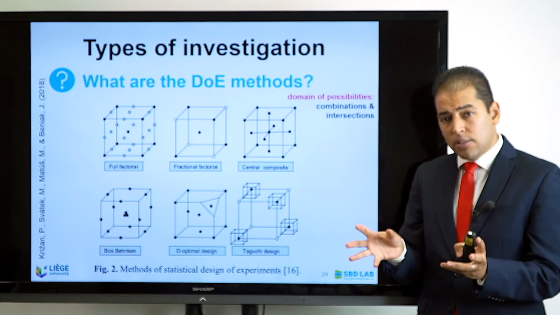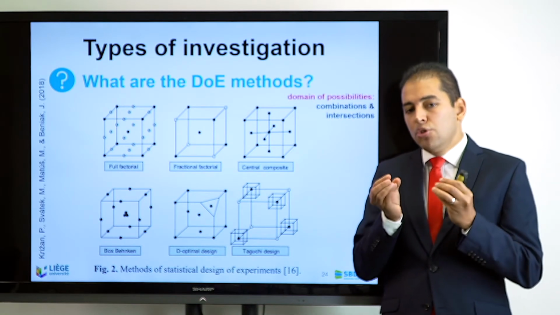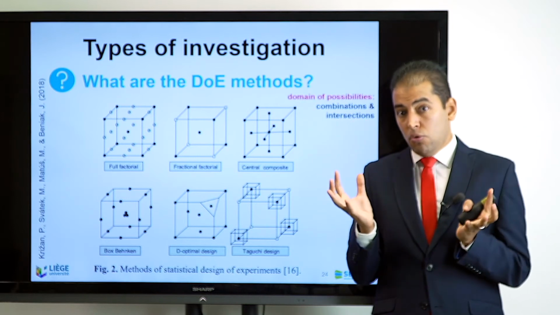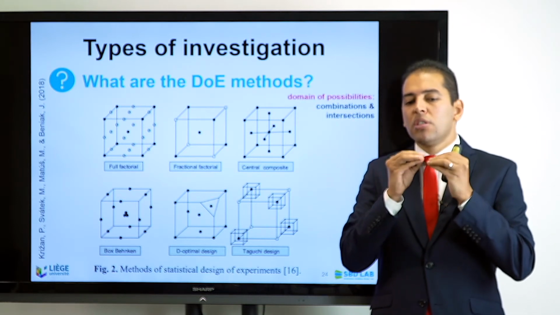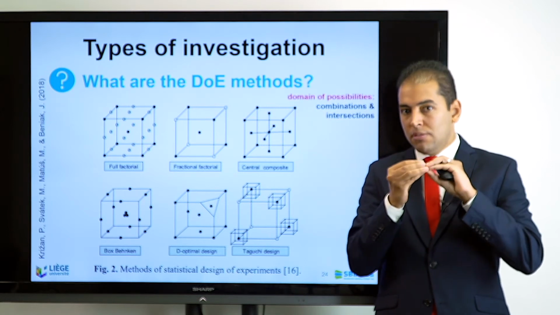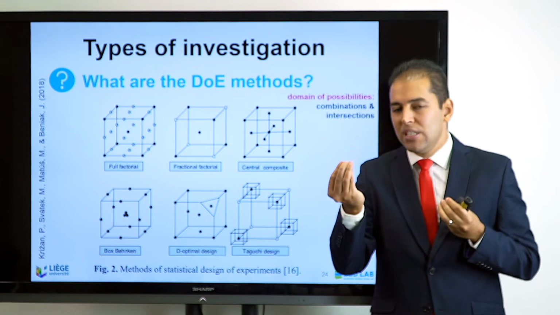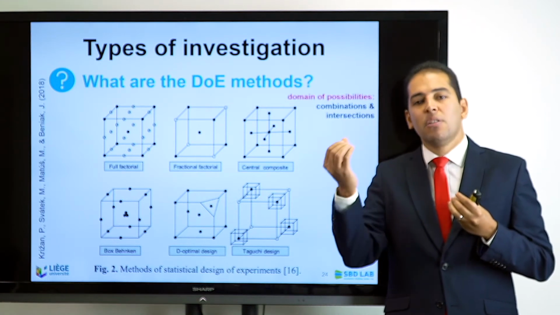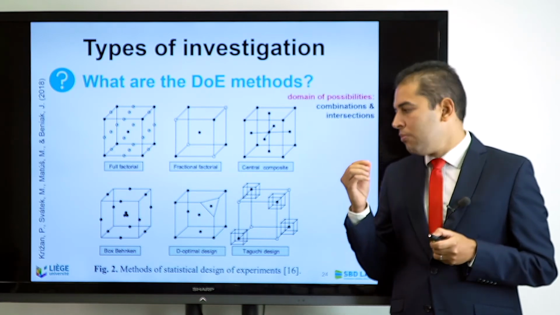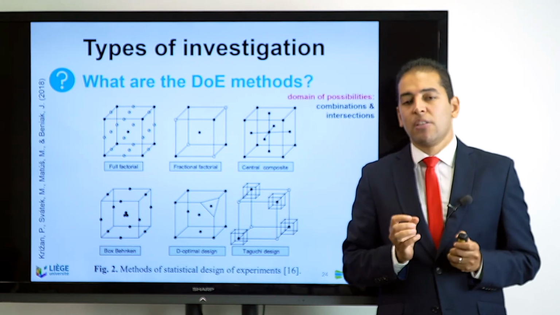Those are statistical tests that will allow you to select from this huge domain of possibilities the most relevant combinations and interactions that might have a promising result on your final solution, your final product or your final process. So you have to master or learn about these methods after you have defined your factors and your levels.